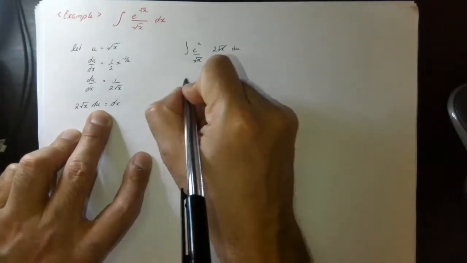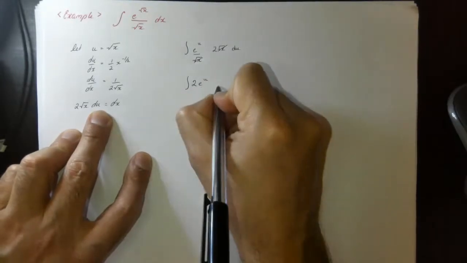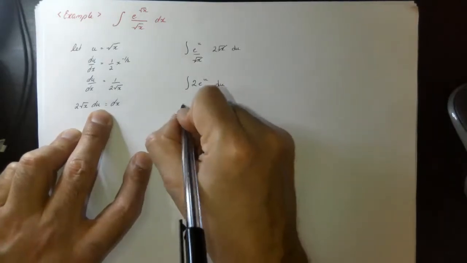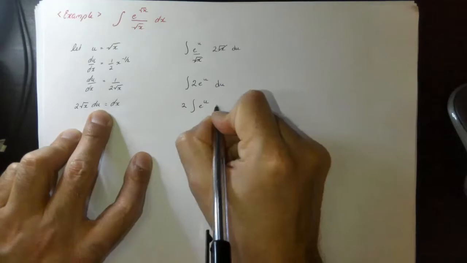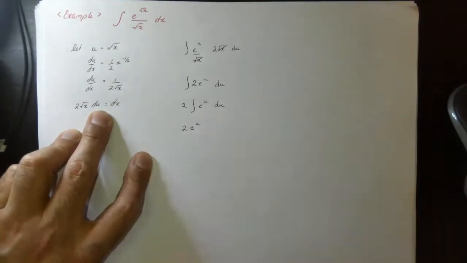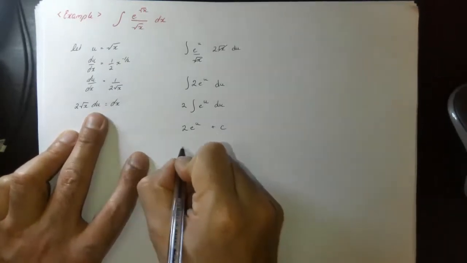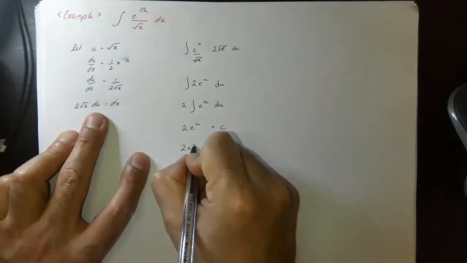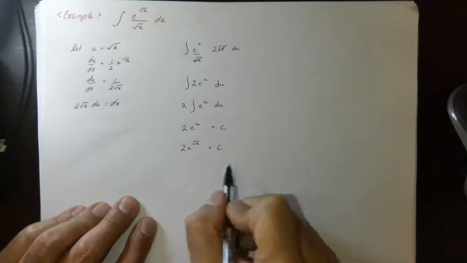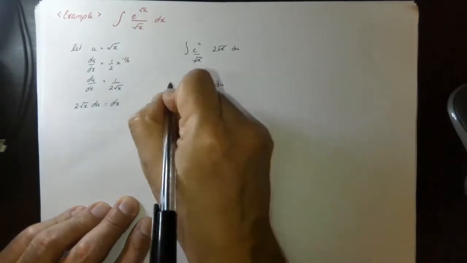So really what we're trying to find is 2 times the integral of e to the u du, which is 2 e to the u plus c. And now resubstituting back in, we get 2 e to the power of square root x plus c.